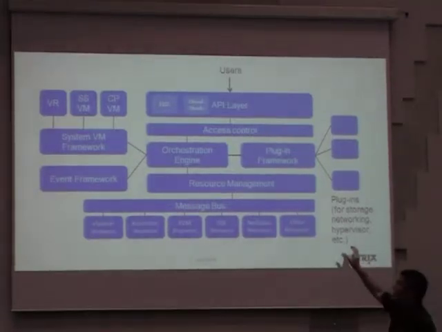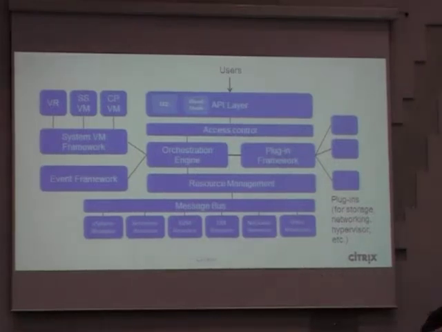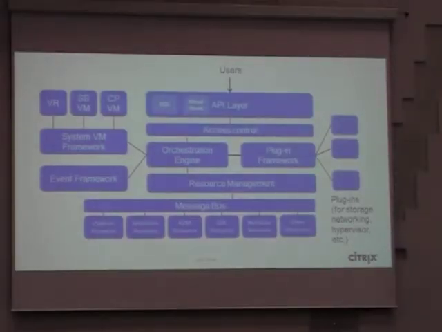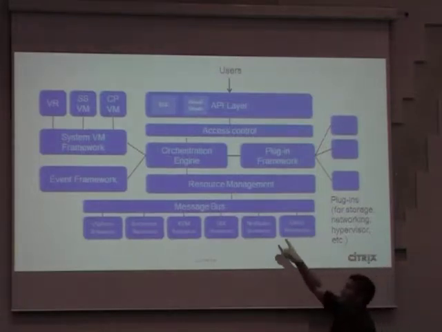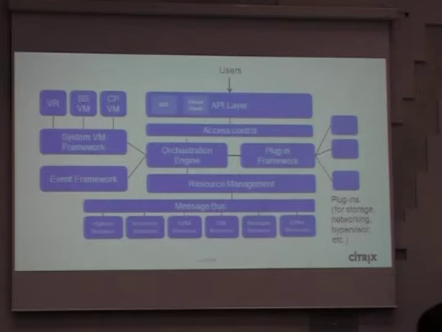As Will explained earlier, there's a message bus in the middle whose job it is to transmit these commands to all the resources in the cloud, because in some cases these resources could exist in another data center, and the communication between the orchestration engine and the resources may not be 100% reliable.